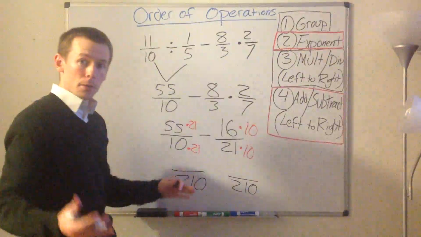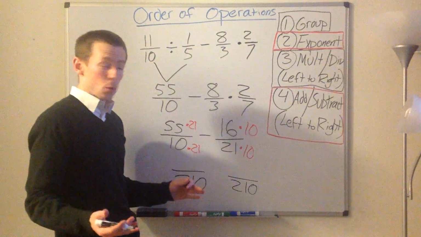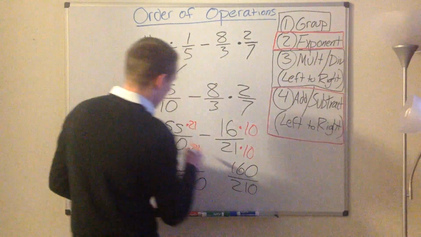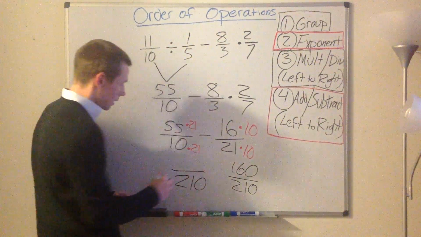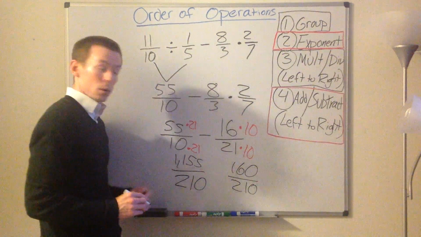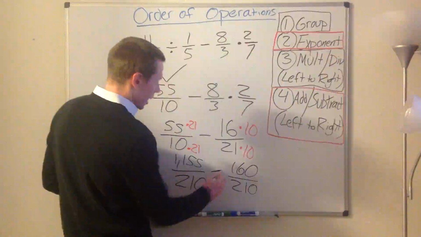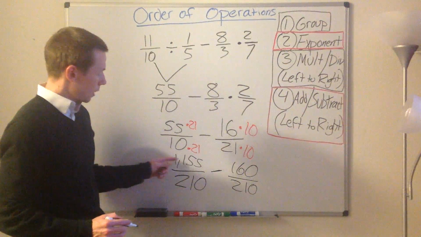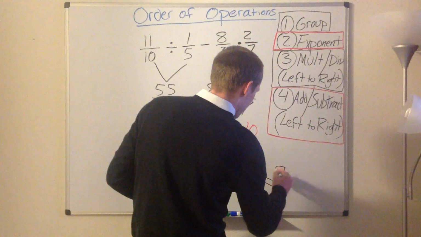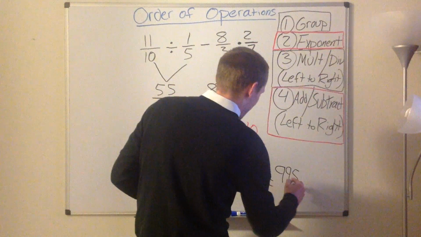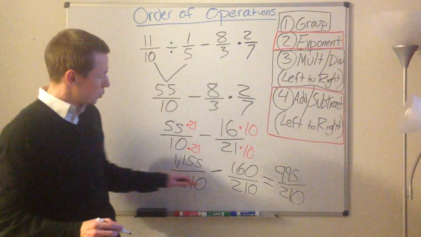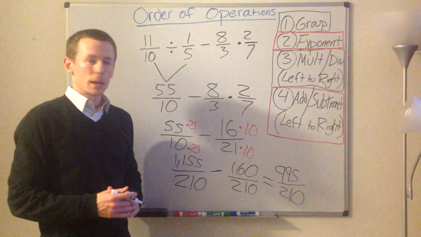And now, feel free to use your calculator at any point. But 16 times 10 is 160, and 55 times 21 is 1,155, and we are subtracting those. So 1,155 minus 160 is 995, and then 210 remains, of course, 210.